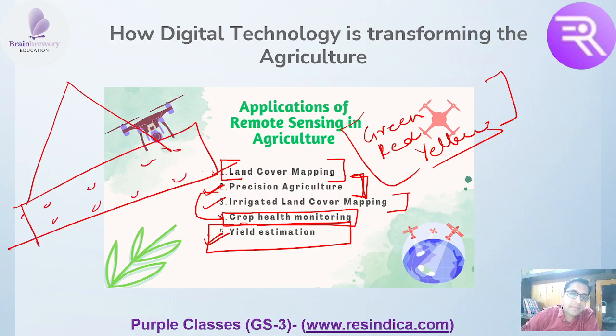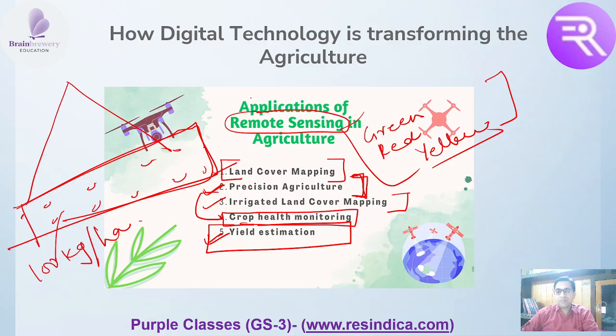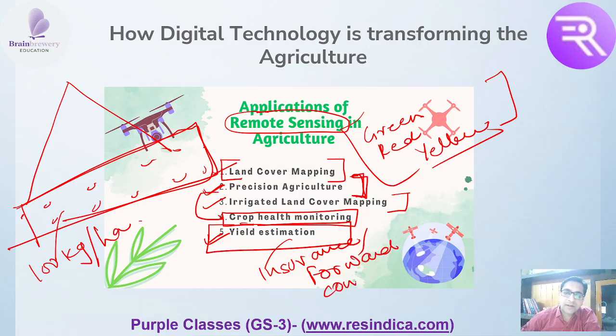So you will be able to analyze that if this area is fully functional, we will be getting 100 kg of rice from here per hectare or something like this. So based on this remote sensing data you will be able to find the yield estimation, and based on the yield estimation you can do insurance, you can set up forward contracts with the traders. Okay, based on that you can do all that, right?